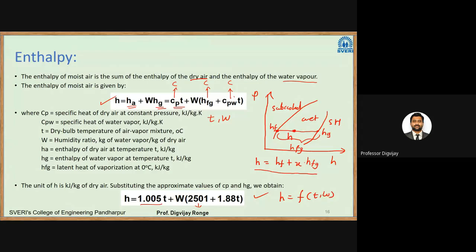All these equations are very important if you want to draw the psychrometric chart. So in upcoming slides, I will start to draw the psychrometric chart, and in that case we have to use these equations.